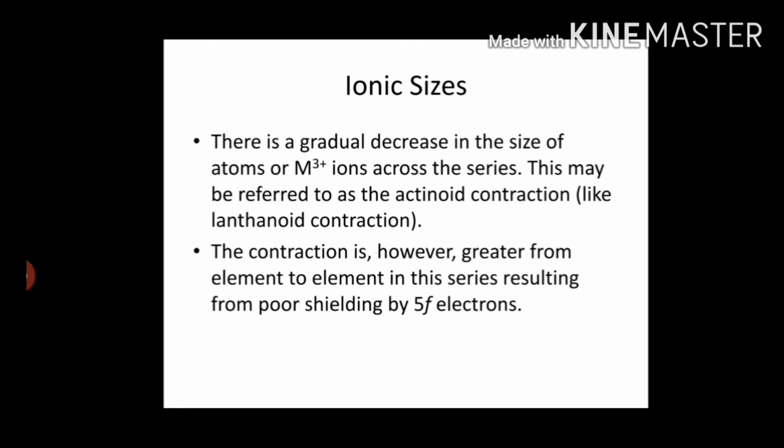If we compare the actinoid contraction with lanthanoid contraction, then actinoid contraction is greater from element to element than lanthanoid contraction. This is due to the poor screening effect shown by f electrons in actinoids.